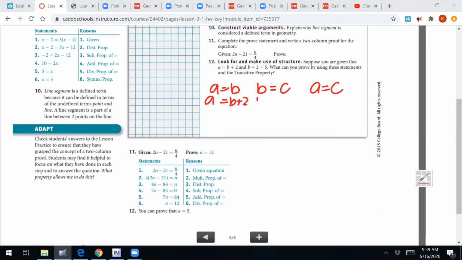So then B plus 2 equals C. So A is A, C is 5. So A equals 5. That's what the transitive property says.